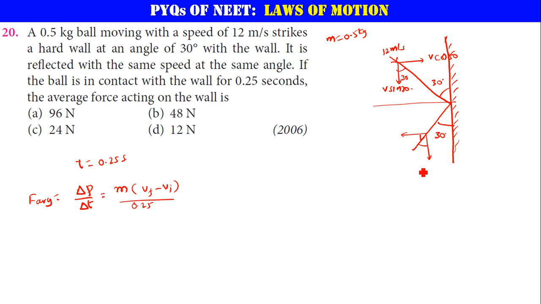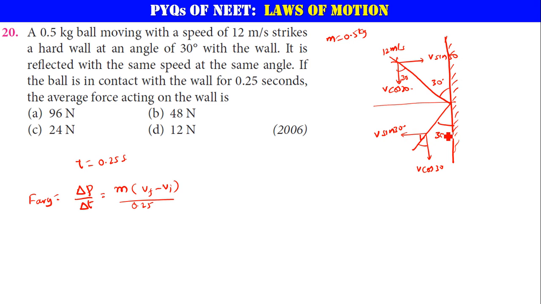You can say that this is v cos 30. What about this here? This angle is 30. Wait, this is going to be cos 30, this is also going to be sin 30 now. Now this is v sin 30.